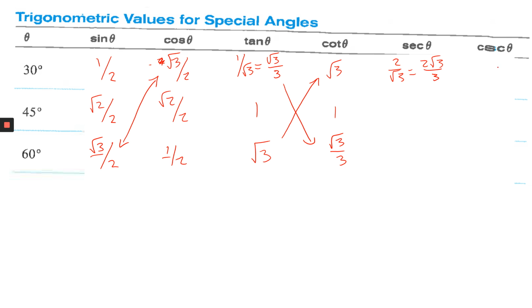Cosecant is the flip of sine, so the flip of 1/2 is 2. 2 over rad 2 is 2 rad 2 over 2, which is just rad 2. And secant will be the same exact thing. And then lastly, this is the flip of 1/2, so 2, and this one is the flip of 2 over rad 3. So we have our whole chart.